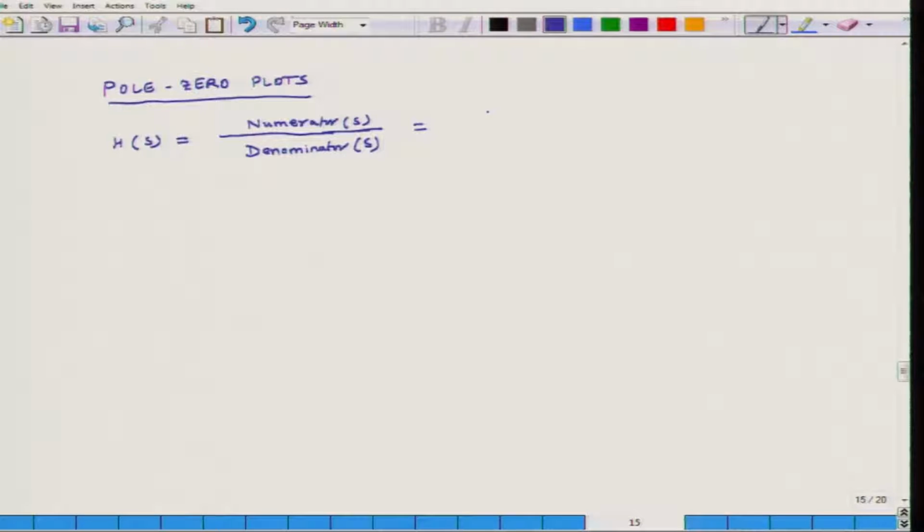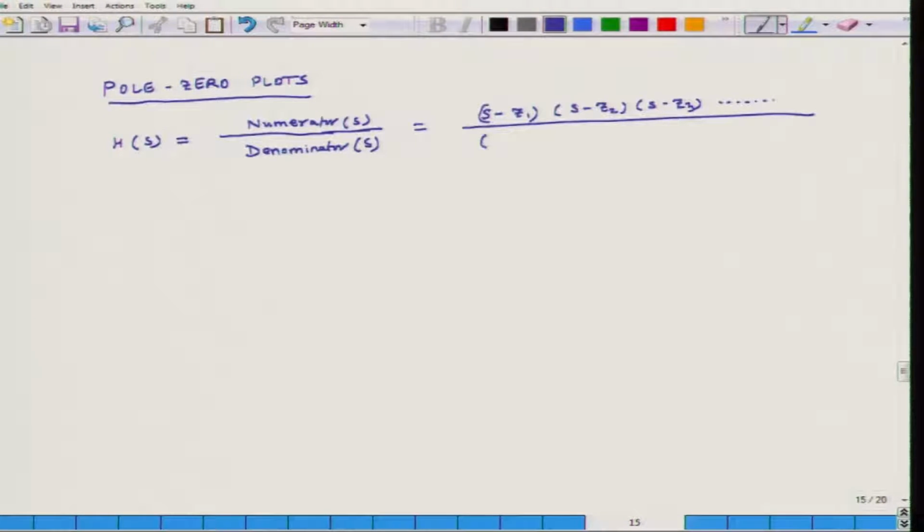The linear factors of the numerator could be s minus z1, s minus z2, s minus z3, and it can have a lot of linear factors. It depends on how complex the numerator is. If it is just a linear term, then it will have one root. If it is quadratic term, it will have two roots, and so on and so forth.